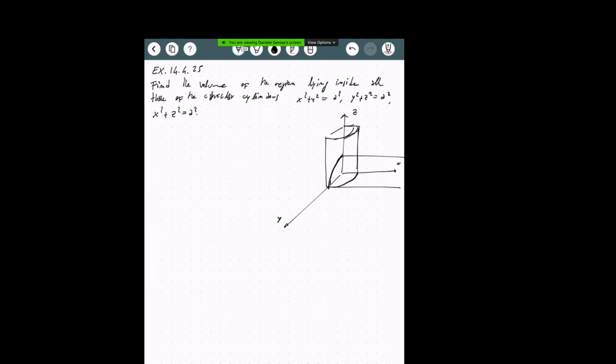And then I have a third one here, like this. So the intersection should be something like this.